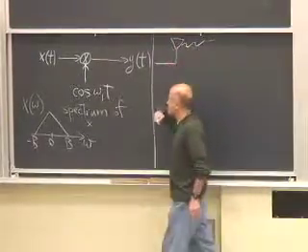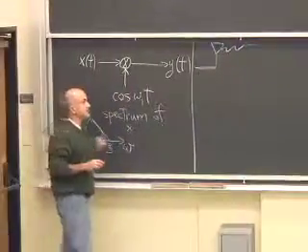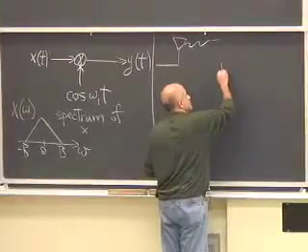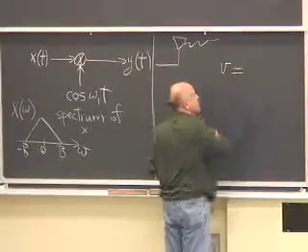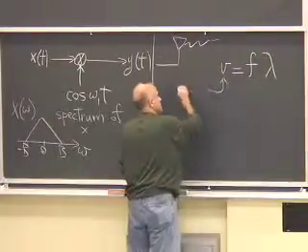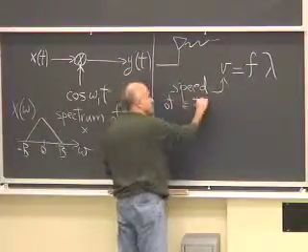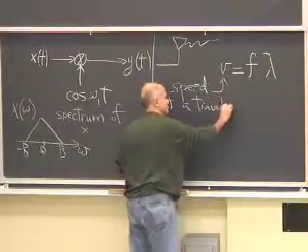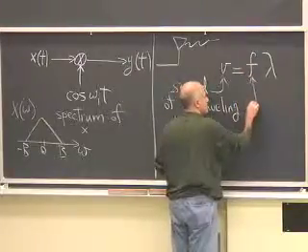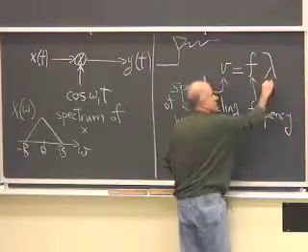And here's a crude, high-level view of what happens. So you remember from your elementary physics courses that the speed of a traveling wave is equal to its frequency times its wavelength. So this is the speed of a traveling wave. This is the frequency of the wave. And this is the wavelength.